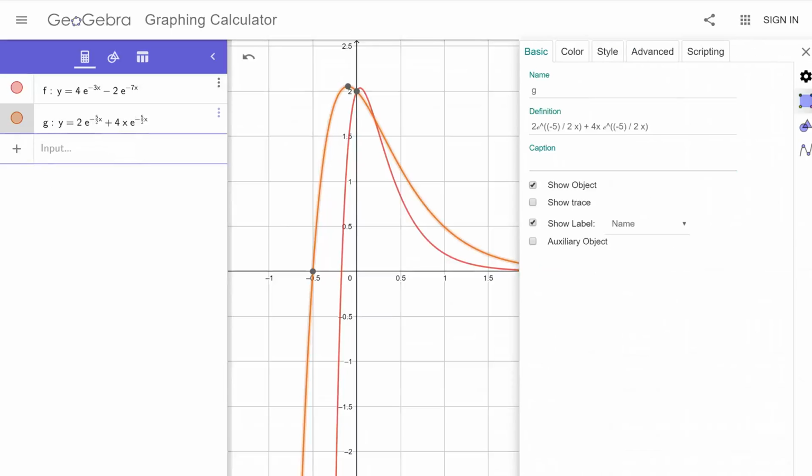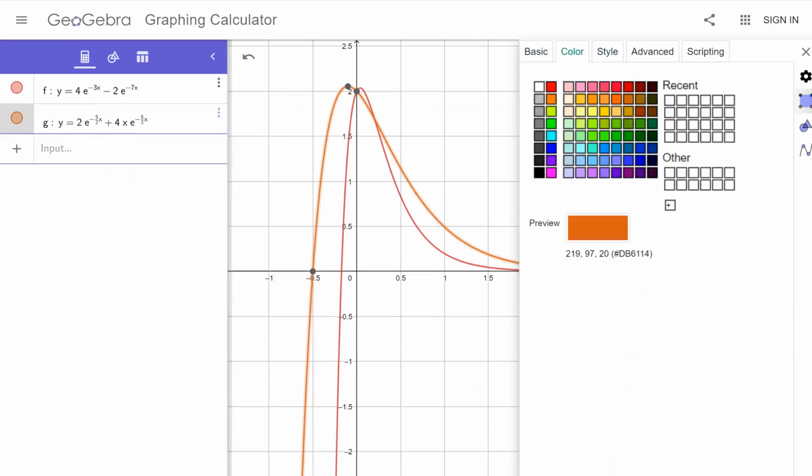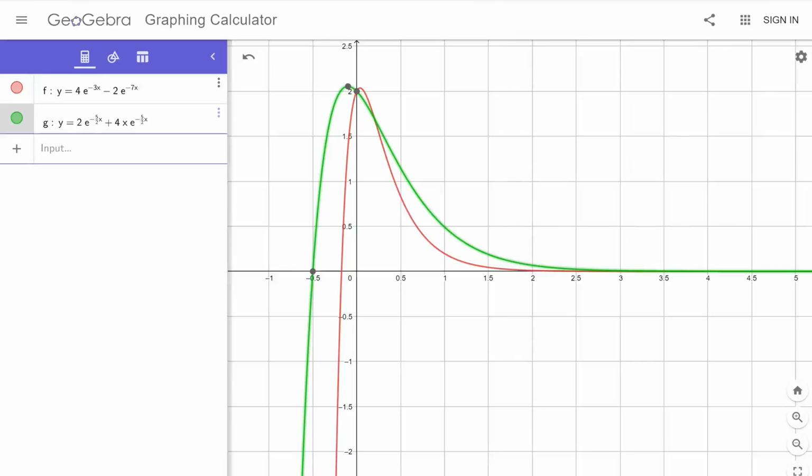Can I change the color? Okay, now I changed the color. So now I can see the difference between red and green. I cannot quite see the difference between red and orange. How about you? So the red one is our part A, the overdamped case, and then our part B is the critically damped case.